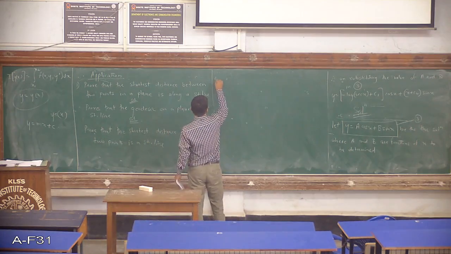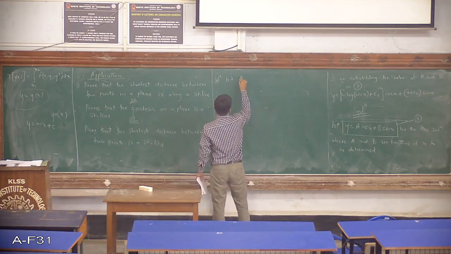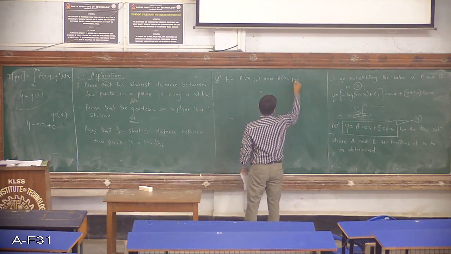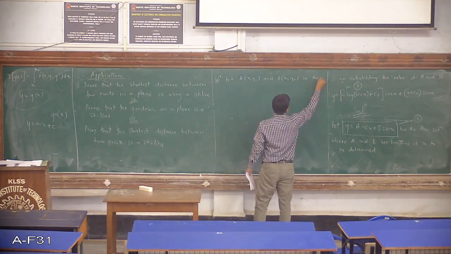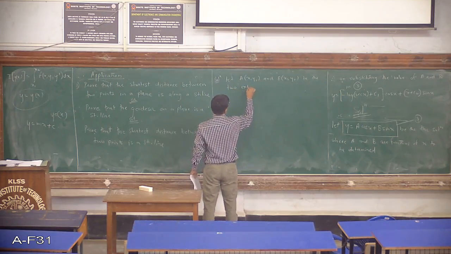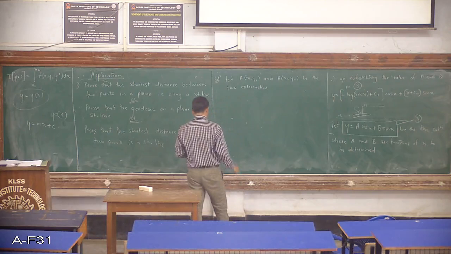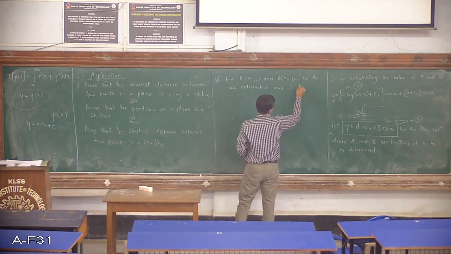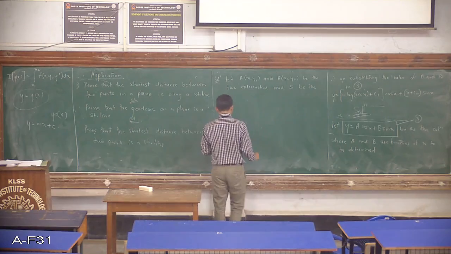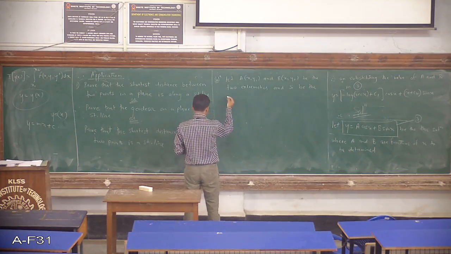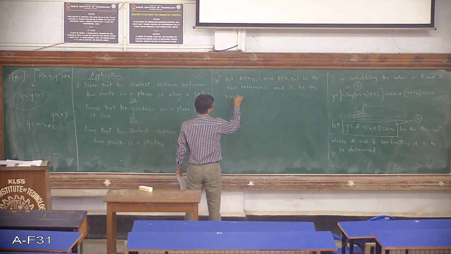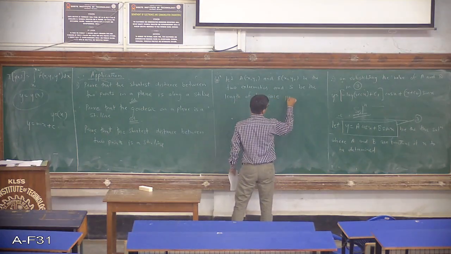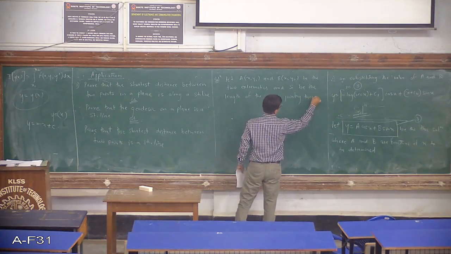So here, solution: let A is equal to x1, y1 and B is equal to x2, y2 be the two extremities, and S be the length of the arc joining these points.